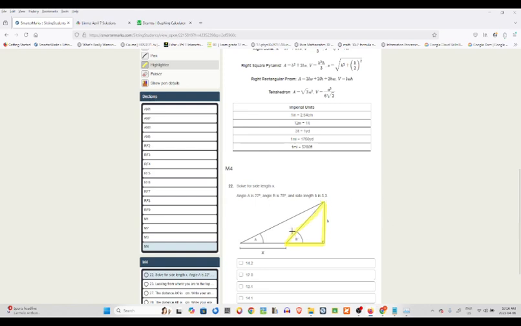So we can use the tan. B is opposite. This side down here would be the adjacent. So opposite over adjacent. The adjacent would be the opposite divided by the tan. So 5.3 divided by the tan of 78.